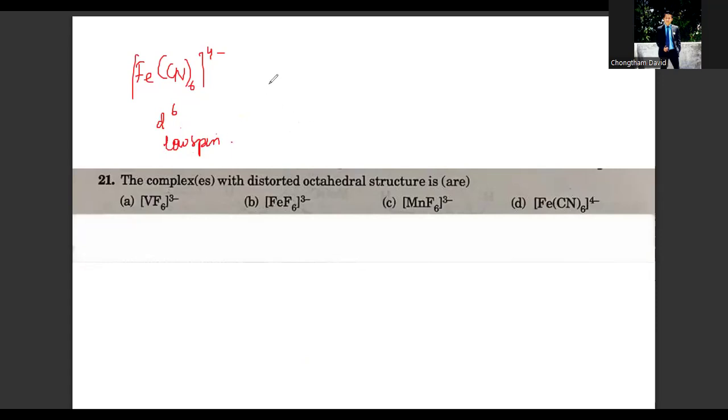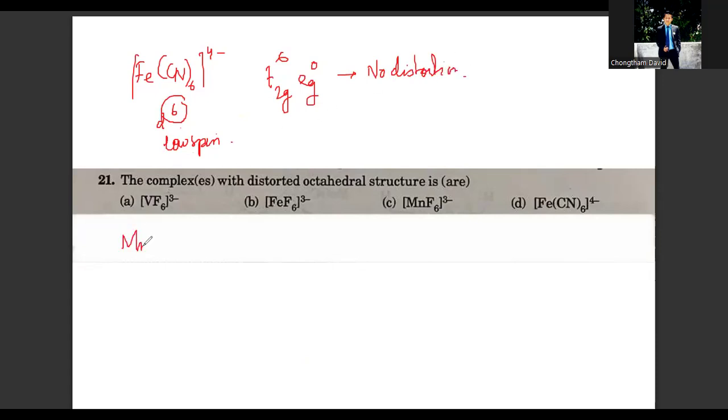The electronic configuration is t2g6 eg0. Symmetric electronic filling takes place, and there would be no Jahn-Teller distortion. So the conclusion is no distortion in the geometry.